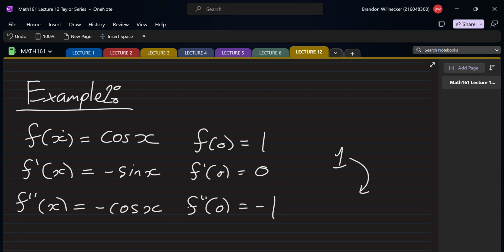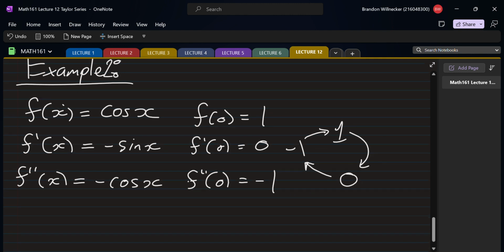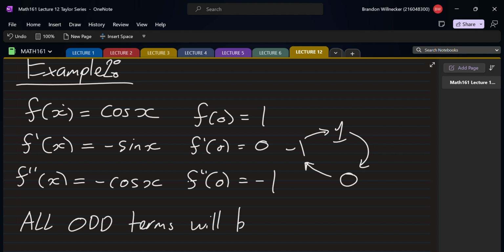It goes 1 to 0 to minus 1, and then back to 1, and it cycles like this for all of the derivatives. Notice that all of the odd ones will be 0, so all odd terms will vanish.